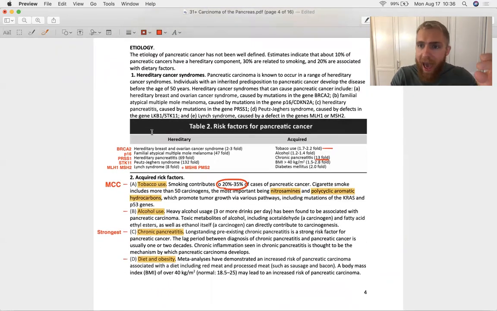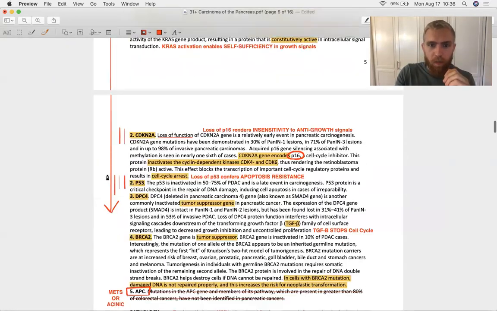They could also ask you from this table, they could say, patient's got a PMS2 mutation, okay? What's their pancreatic cancer going to look like histologically? Oh, my word. That's like the third order question there, because you've got to say, all right, PMS2, Lynch syndrome. Lynch syndrome, what do they get?